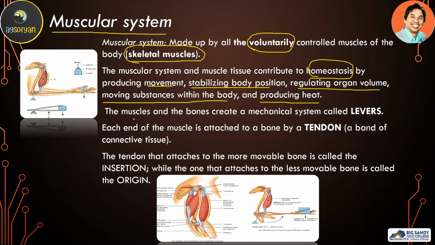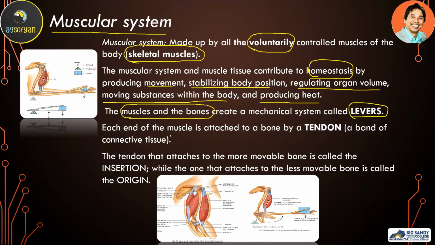The muscles and the bones create a mechanical system that is called levers. Okay, so lever is a mechanical system in our body that is created by the muscles and the bones, and this gives movements to our body.